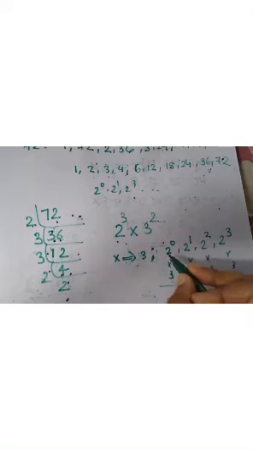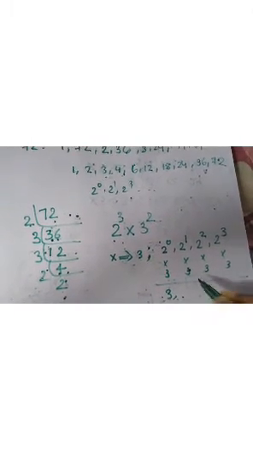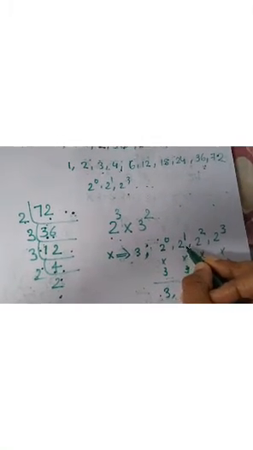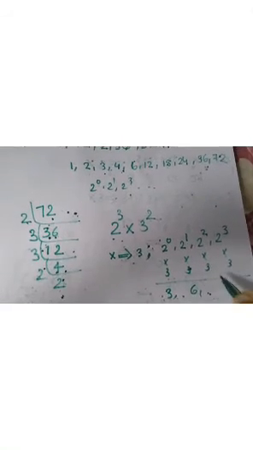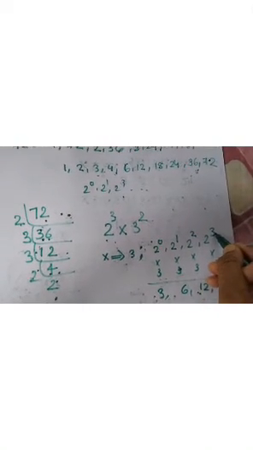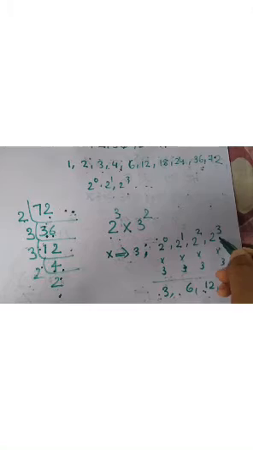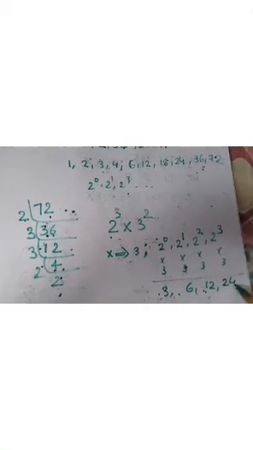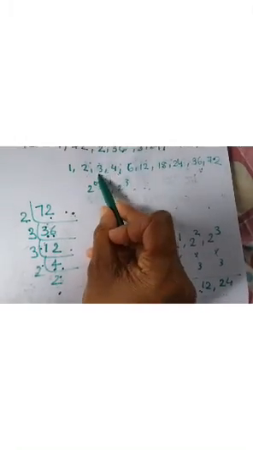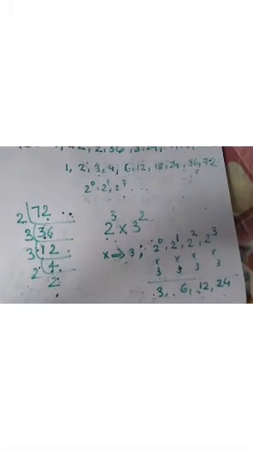We get 2 raised to 0, which is 1. 1 times 3 is 3. Next, 2 raised to 1, which is 2. 2 times 3 is 6. 2 raised to 2, which is 4. 4 times 3 is 12. 2 raised to 3, which is 8. 8 times 3 is 24. This is a set of 4 factors: 3, 6, 12 and 24.